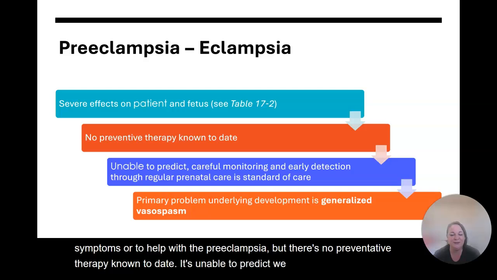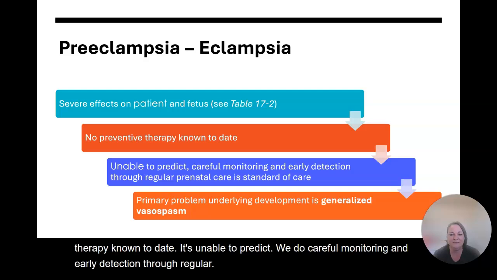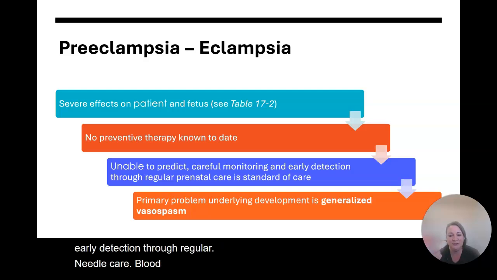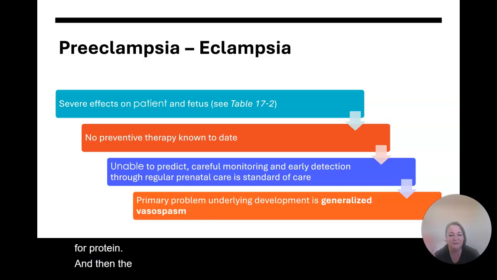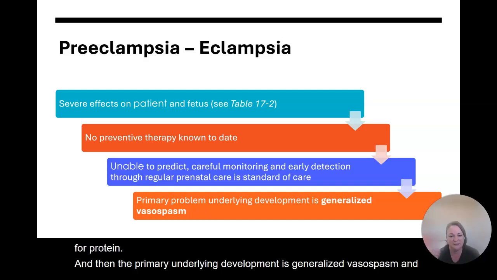We do careful monitoring and early detection through regular prenatal care, blood pressure monitoring, and urine for protein, right? Urine dip for protein. The primary underlying development is generalized vasospasm and heightened neurosystem.